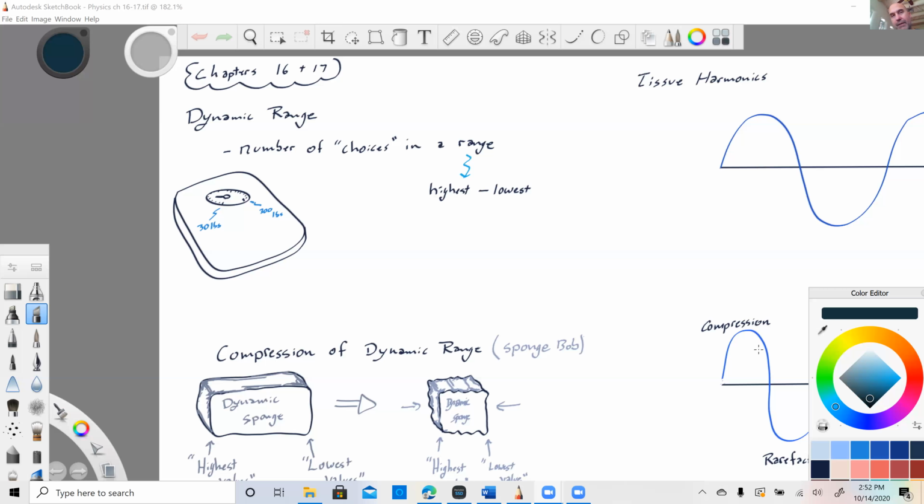Now in ultrasound, obviously we're not dealing with weight, we're dealing with echo strength. Echoes turn into voltages, turn into pixels. If we have too much of a dynamic range, our eyes can't pick up. We don't notice the difference.